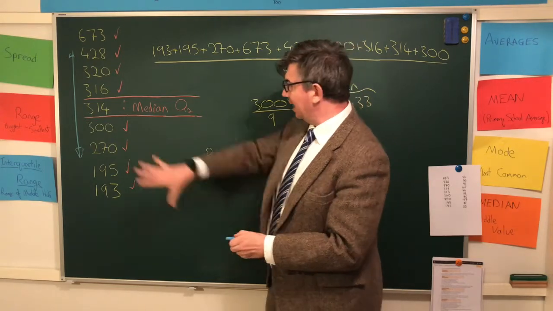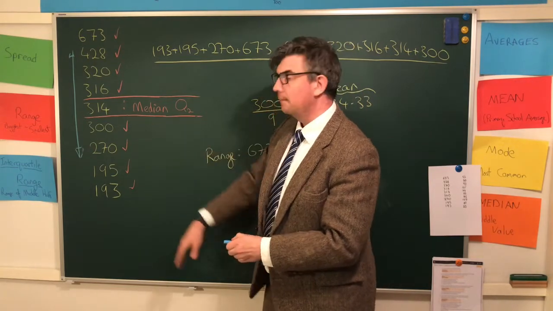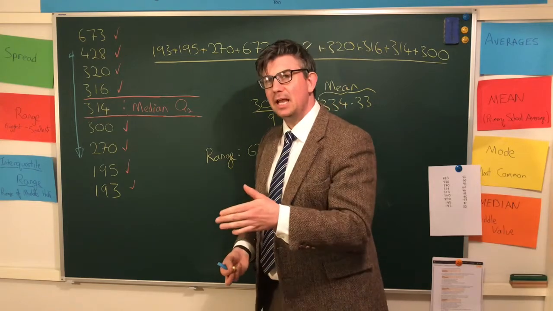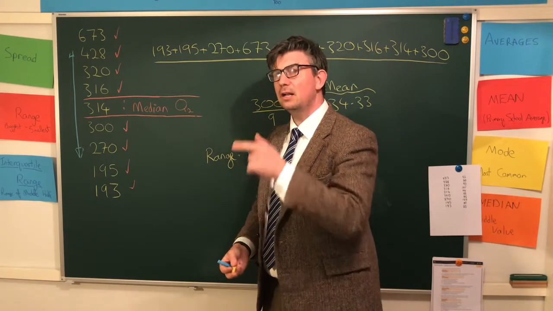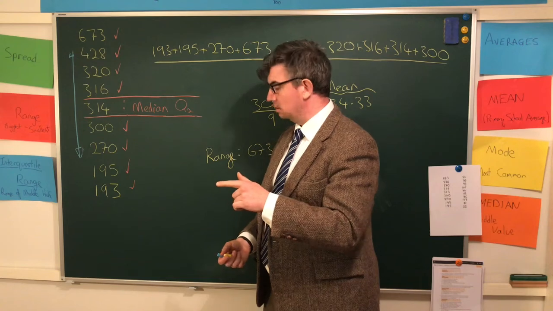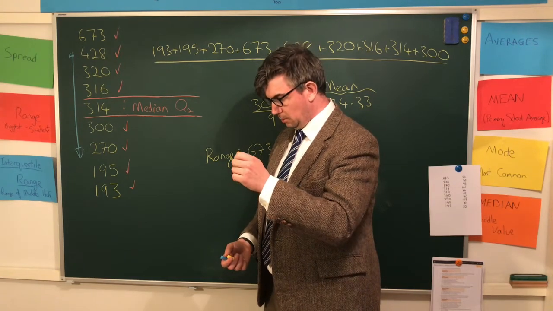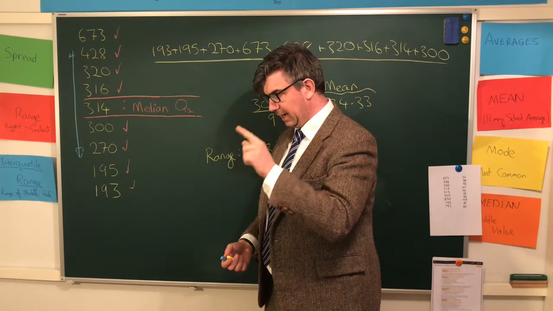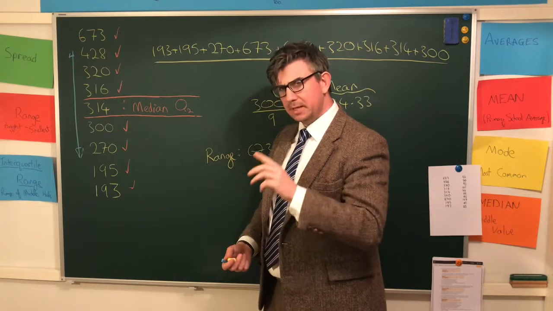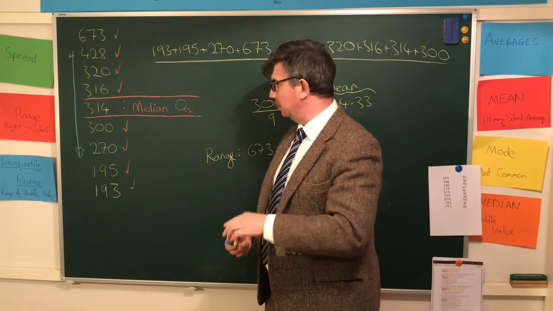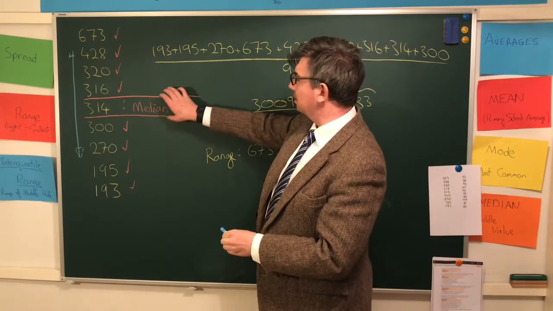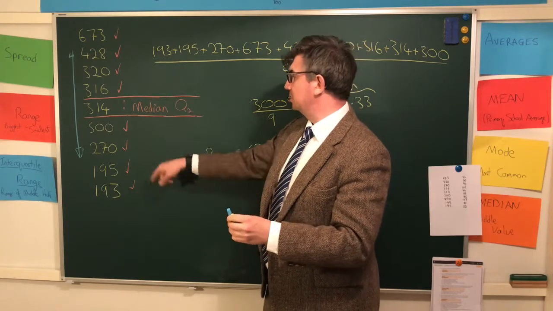If there's half of the data down there and I half that again, that'll give me where the quarter mark is. So if I half a half, I get to a quarter. That makes sense.